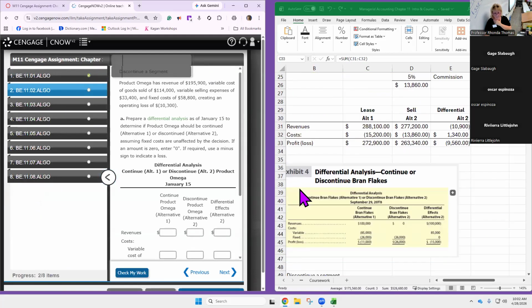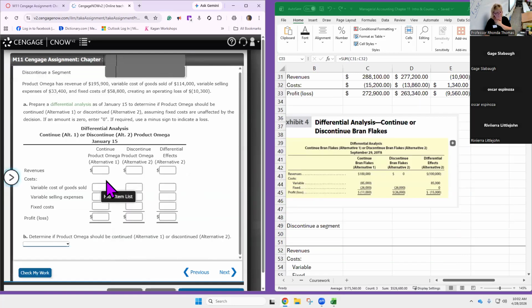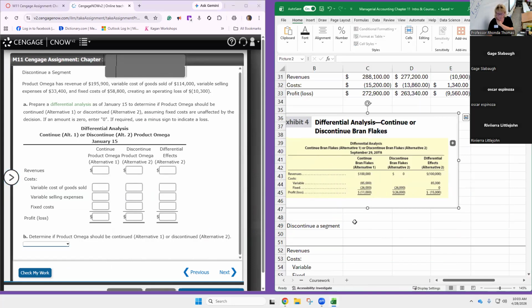All right, the next one is going to be to discontinue a segment. If we put some things together here, I wanted to show you this example. This example is a cereal maker. They're making cereal, and they've got bran flakes.